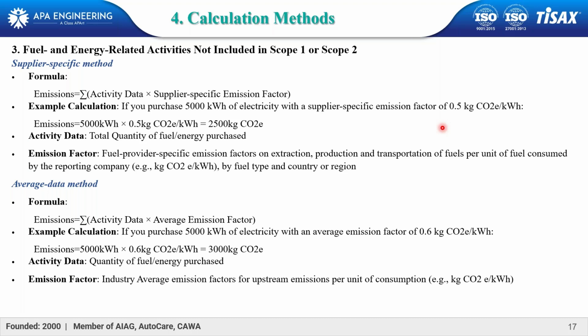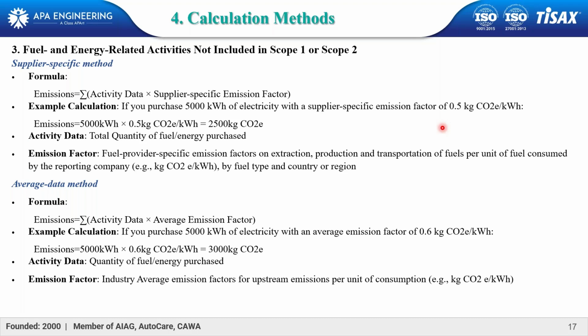So if you're purchasing 5,000 kilowatt hours of electricity with a supplier-specific emission factor given by the grid, that is 0.5 kgs of carbon dioxide emitted per kilowatt hour of electricity produced, then for these 5,000 kilowatt hours of electricity, the emission is 2,500 kgs of carbon dioxide emitted.